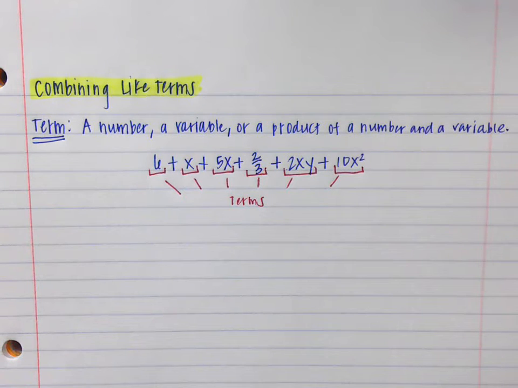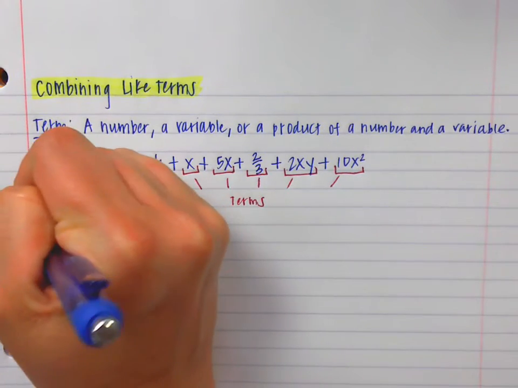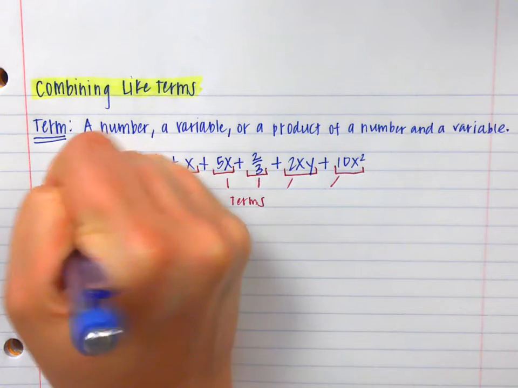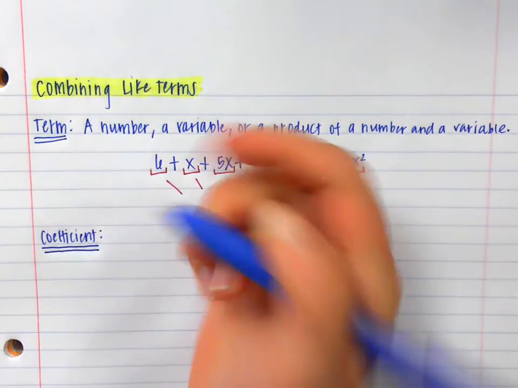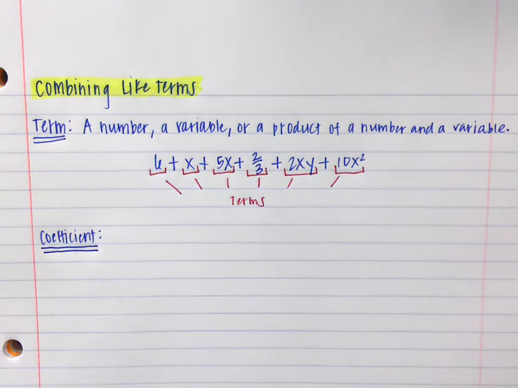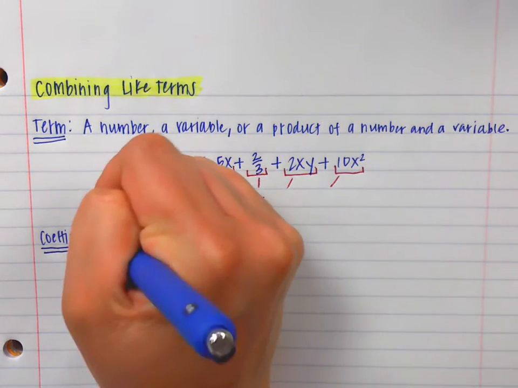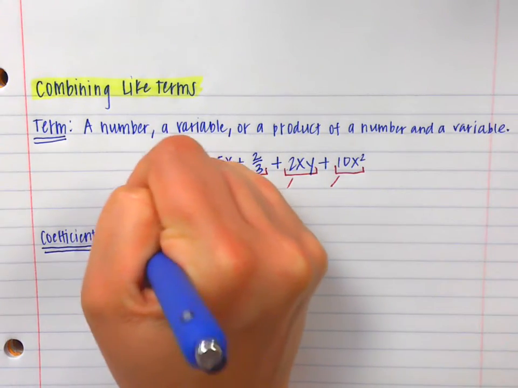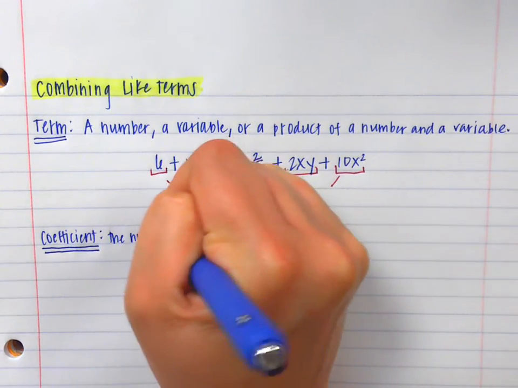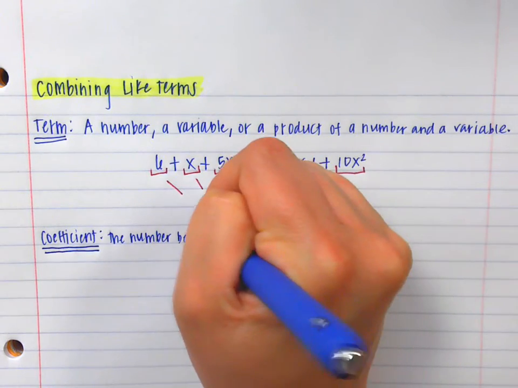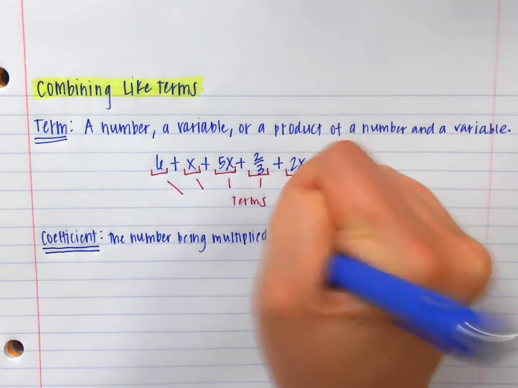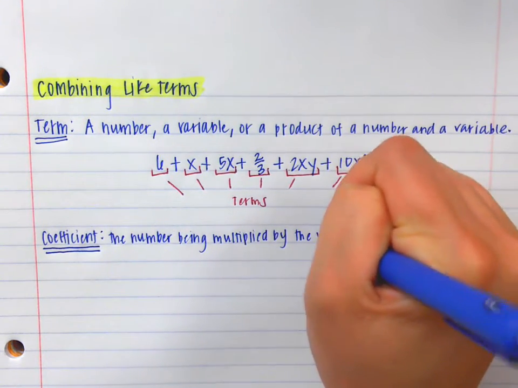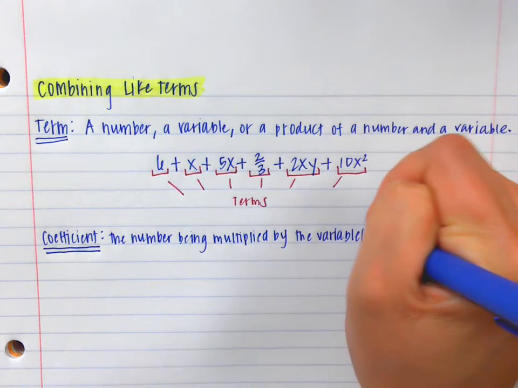Okay, so then let's talk about what a coefficient is. So the coefficient is the number being multiplied by the variable or variables.